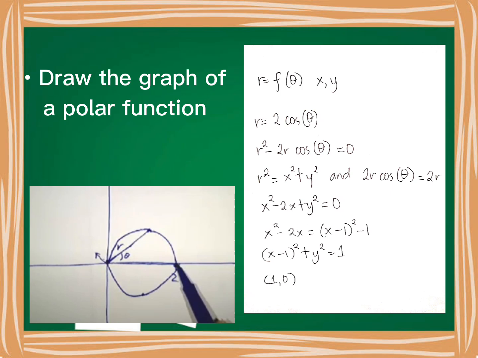But r² = x² + y², and 2r cos θ = 2x. So, x² − 2x + y² = 0. Completing the square with x² − 2x = (x − 1)² − 1 gives (x − 1)² + y² = 1. This is a circle of radius 1 centered at (1, 0).